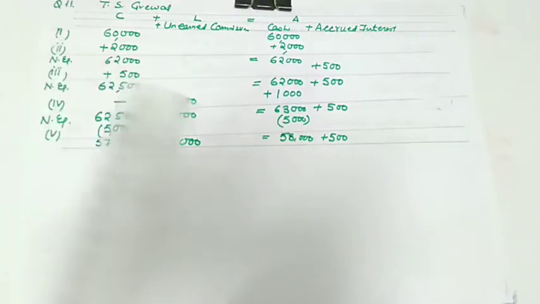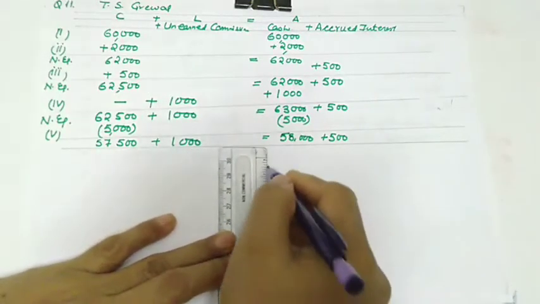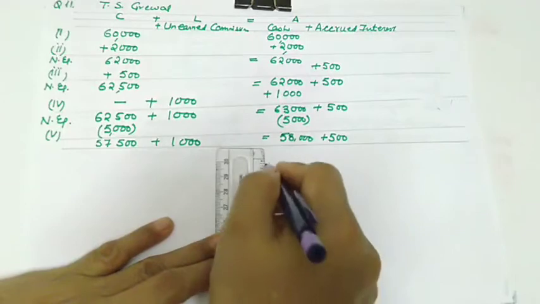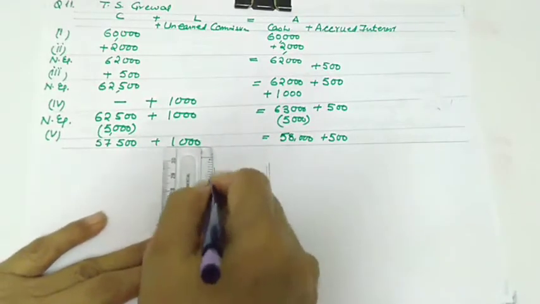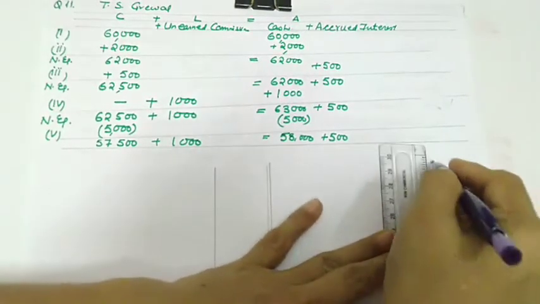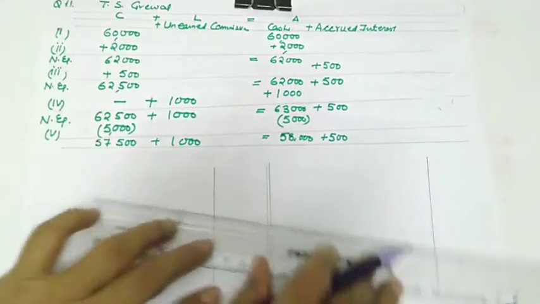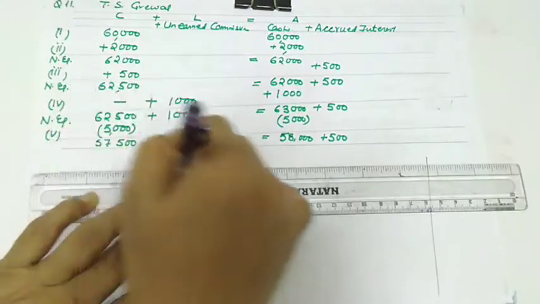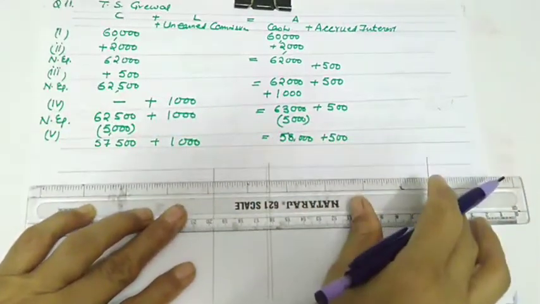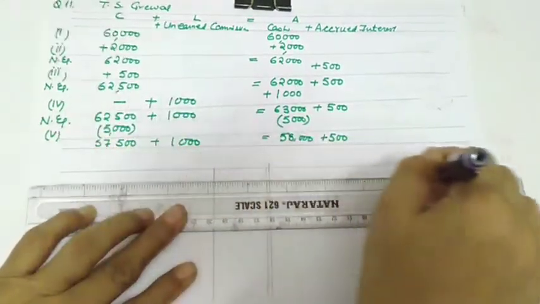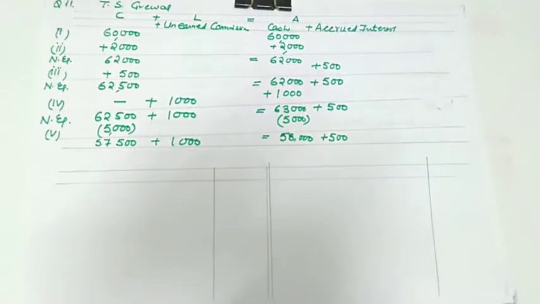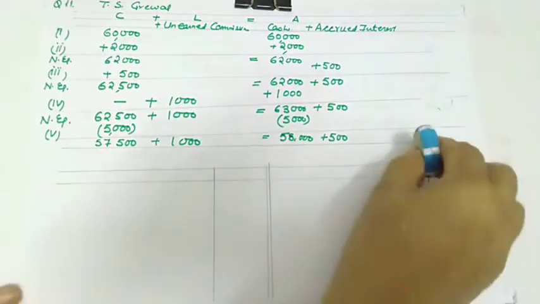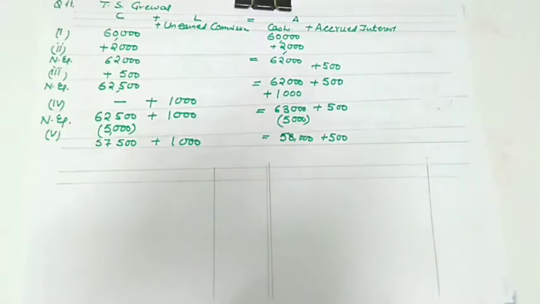Now it's time to make the balance sheet. You already know the format of the balance sheet. This is my liability side, the left hand side.